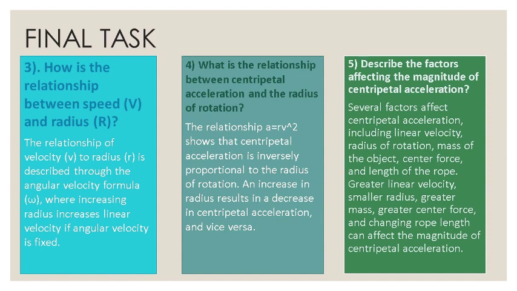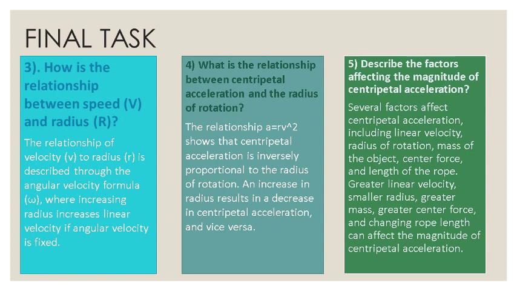Four, what is the relationship between centripetal acceleration and radius of rotation? The answer is that the relationship is a equals v squared over r, which shows that centripetal acceleration is inversely proportional to the radius of rotation. An increase in radius results in a decrease in centripetal acceleration and vice versa.